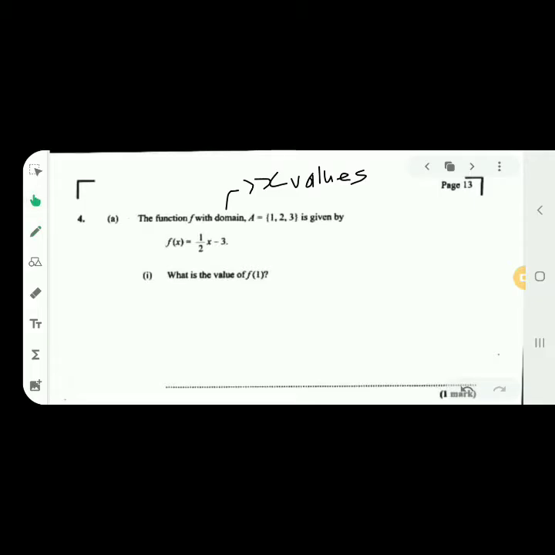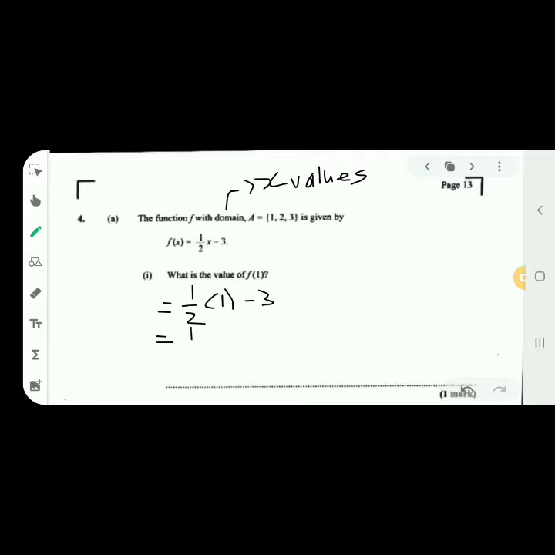So question 1, what is the value of f of 1? The main thing to know about functions here is that whatever is inside the bracket, you are going to replace the x in the function with that quantity. In our bracket we have 1, so in our expression, which is a half x minus 3, I am going to substitute the x for 1 and then work that out.